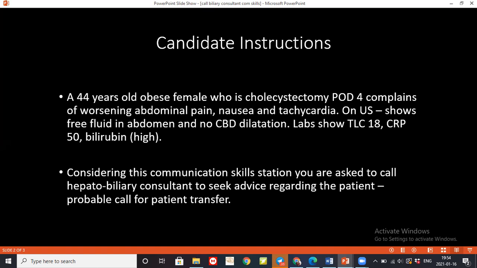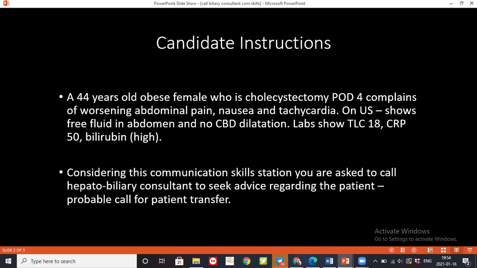I am calling to advise about this patient. What happened to the patient? The patient has abdominal pain and tachycardia post cholecystectomy.